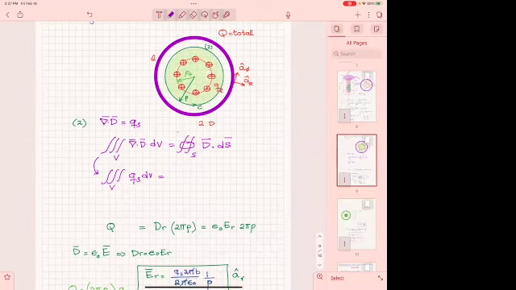Q sub S is a surface density, so it's going to be the surface density times the area of the surface on which it's distributed, which is 2 pi rho dz. Do you agree? That is on the left-hand side.